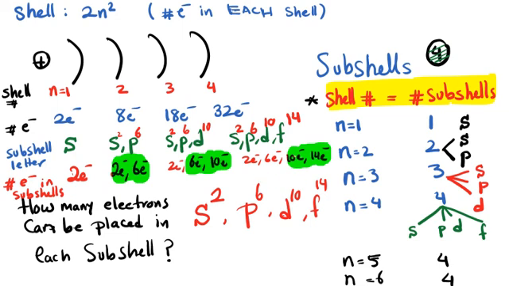So you just need to memorize this information. S, 2 electrons, P, 6 electrons, and D and F, 10 and 14 respectively for this pattern. How to memorize these numbers? 2 electrons for the S subshell, 6 for P, D, 10, F, 14.